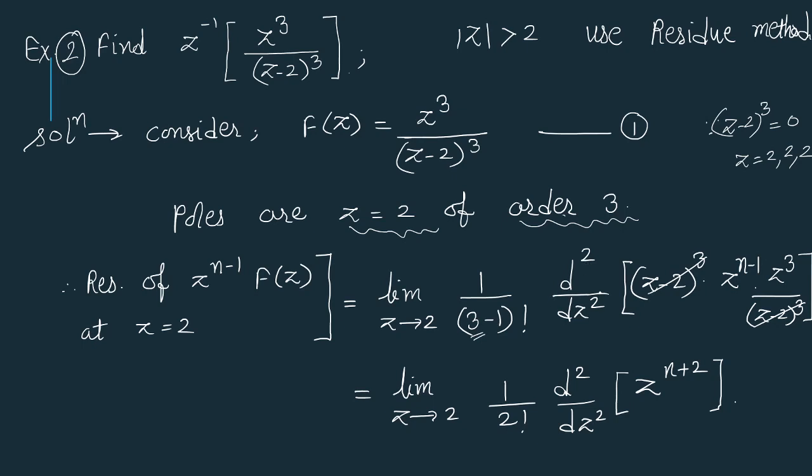Therefore r minus 1 means 2 here, then z minus a to the power r, then z to the power n minus 1 F of z. Here this z minus 2 whole cube term gets cancelled. Here we differentiate the terms two times, and 1 by 2 factorial is a constant value, so we can take it out of the limit and then substitute the limit z tends to 2.